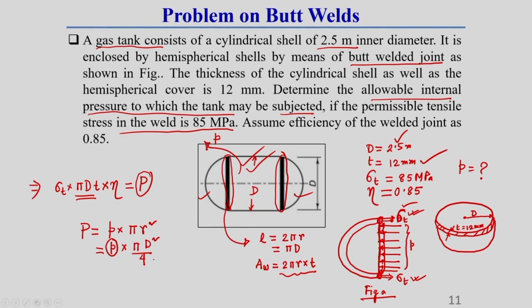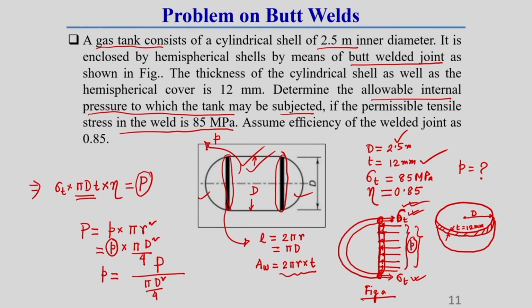So, small p should be equal to capital P divided by pi d square by 4. How is this coming? The resistance developing in the weld material is balanced by this internal pressure force. You should understand this concept, okay. Here we are applying this equation of equilibrium.